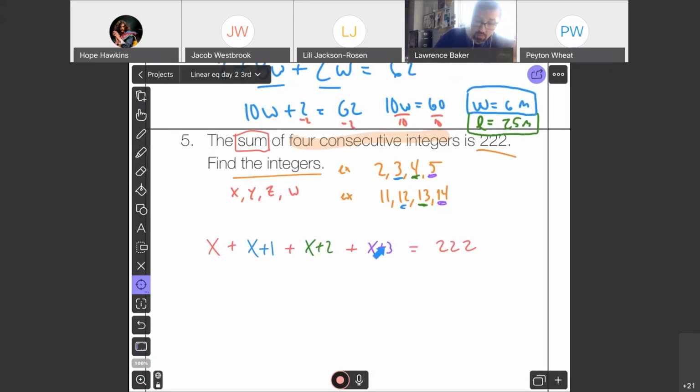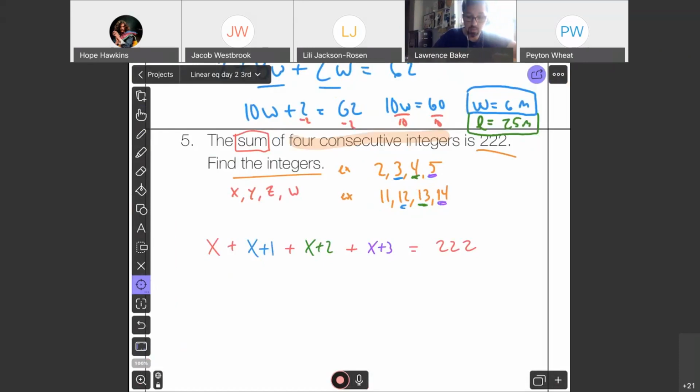That last number is 3 bigger than the first number. The third number is 2 bigger than the first number, and the second number is 1 bigger than the first number. And that's what it means to be consecutive: they grow by 1 each time.